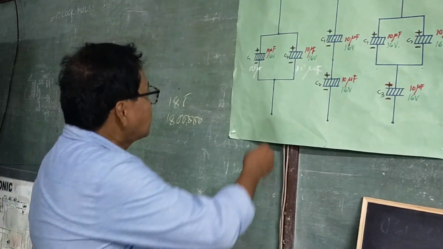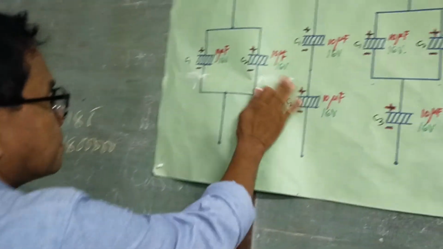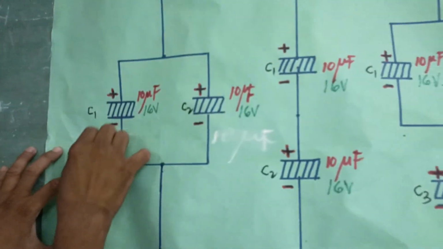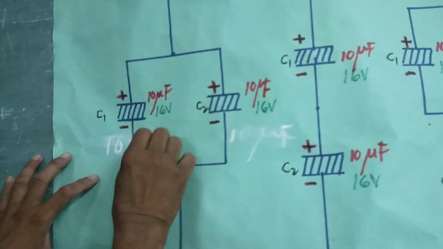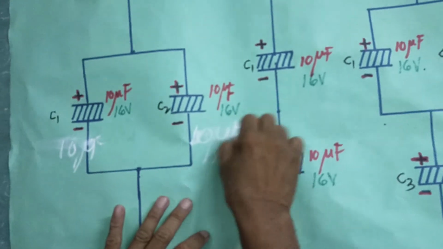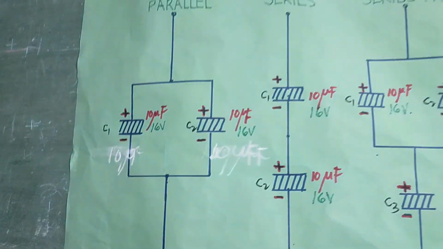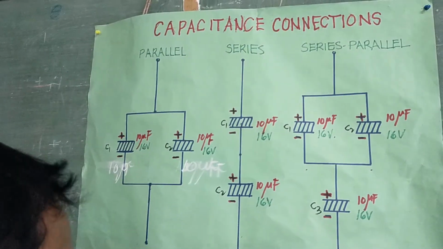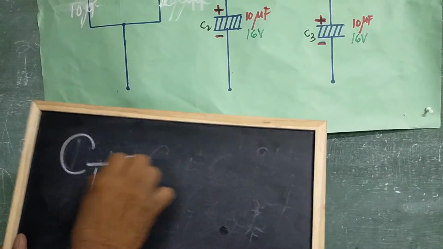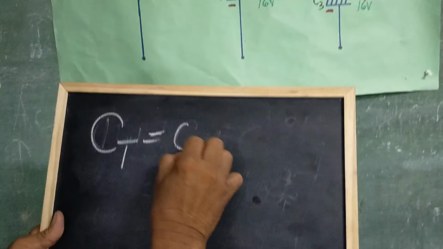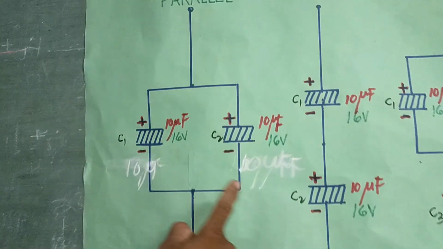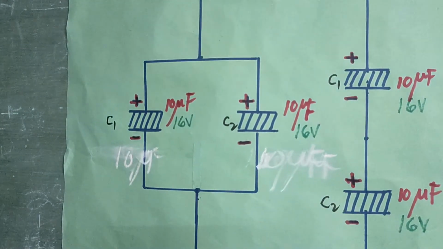So, let us have first this first circuit. Let us use here 10 microfarad and 10 microfarad. So, how do we compute the total capacitance? Ct, the total capacitance, is equal to C1 plus C2, for there are only two capacitors connected in parallel.